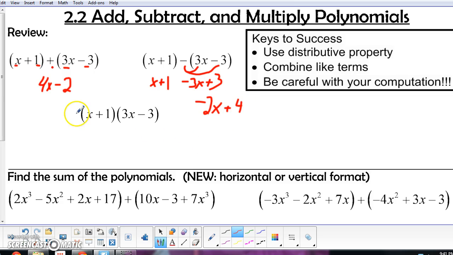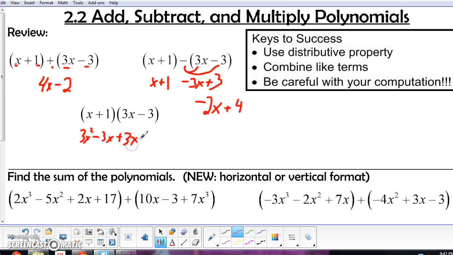To multiply polynomials together, it's FOIL. I have to distribute each term in one to every term in the other. So as I FOIL this, x times 3x becomes 3x squared, and then x times negative 3 will be negative 3x, and then 1 times 3x is positive 3x, and finally 1 times negative 3 is negative 3.